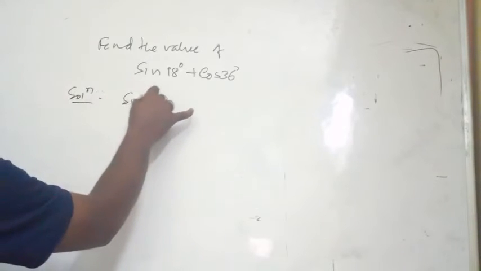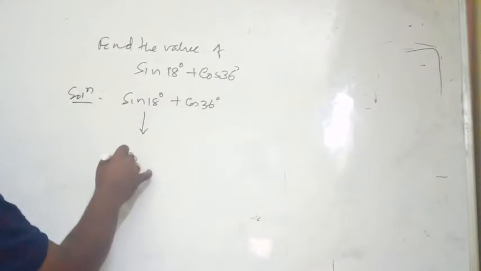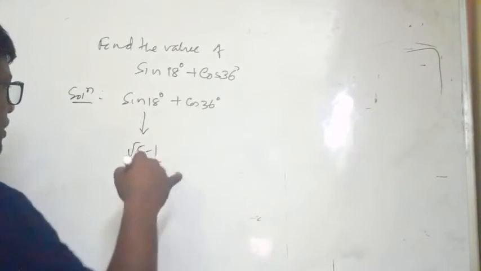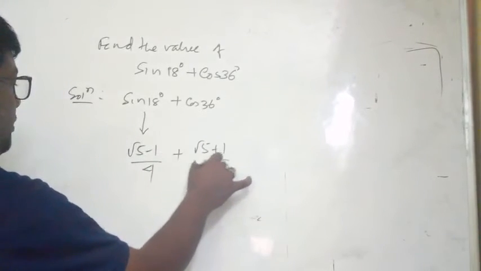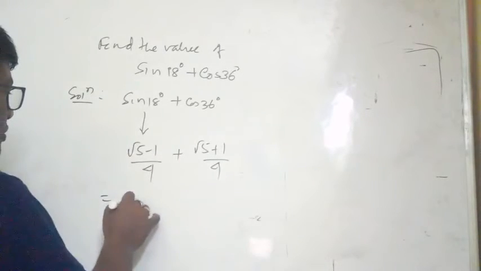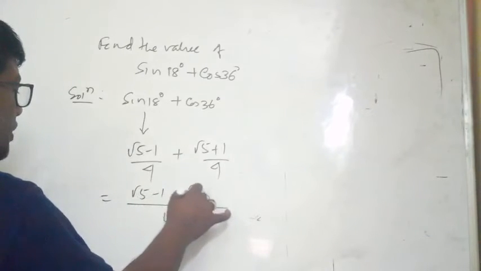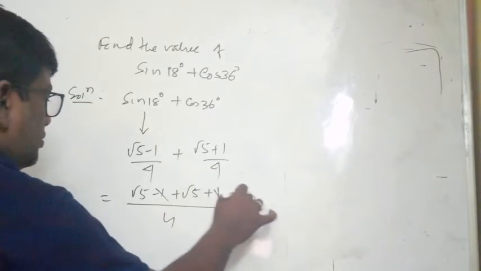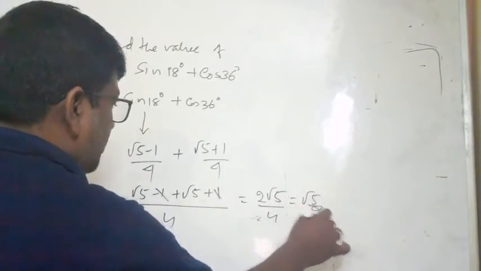We know the value of sin 18 degree is root 5 minus 1 by 4, and cos 36 is root 5 plus 1 by 4. So LCM is 4, root 5 minus 1 plus root 5 plus 1. This cancels, plus 1 minus 1, 2 root 5 by 4. This is equal to root 5 by 2.